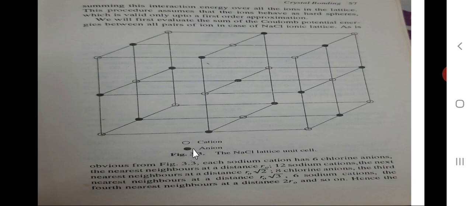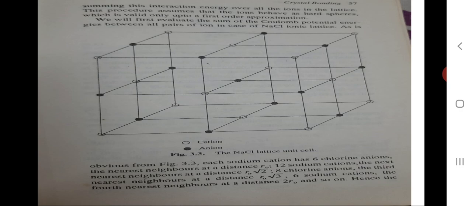Then 12 sodium cations are the next nearest neighbors at a distance of R0 root 2. Then 8 chlorine anions are the third nearest neighbors at a distance R0 root 3. Then 6 sodium cations are the fourth nearest neighbors at a distance of 2R0, and so on.